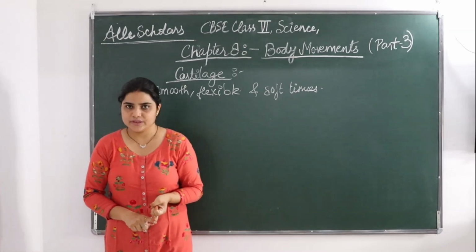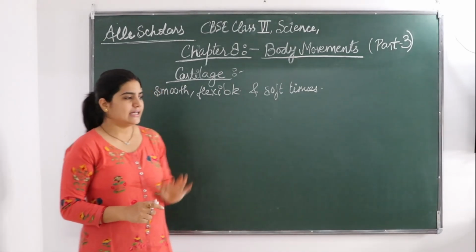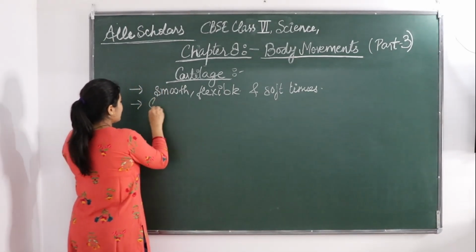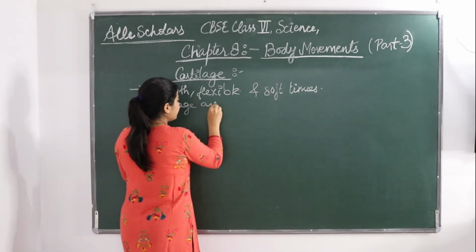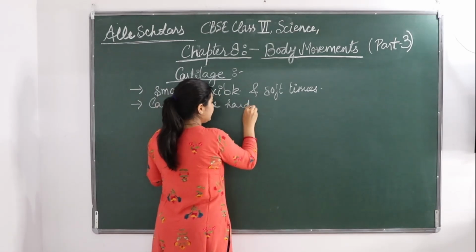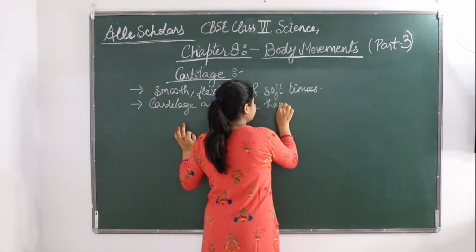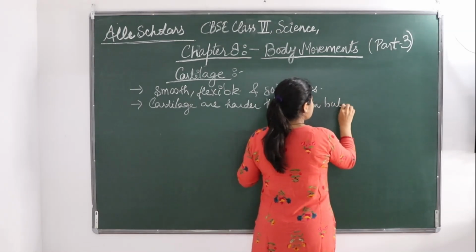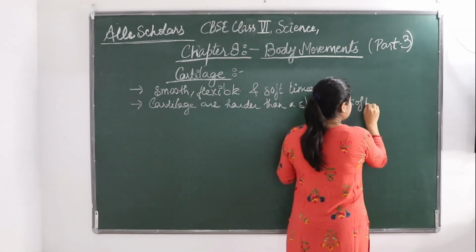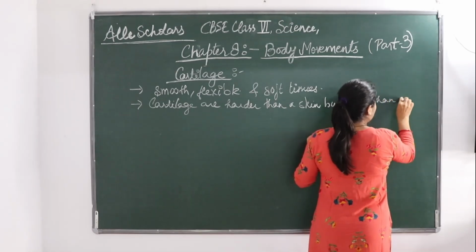But if we compare it with skin, it is harder than skin. So cartilage is harder than skin, but softer than bone.